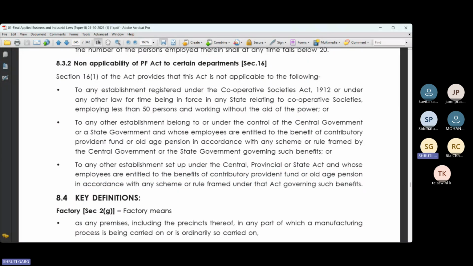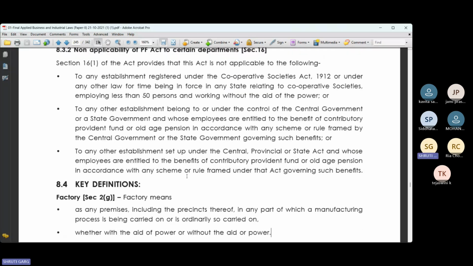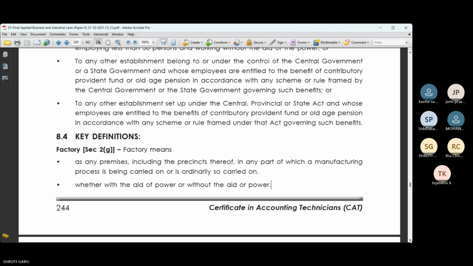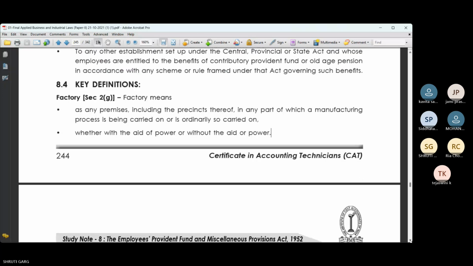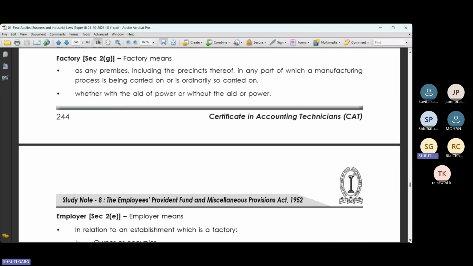Now there are some key definitions. First of all, for this Act, we should understand what is the factory. Factory means any premises, including the precincts.